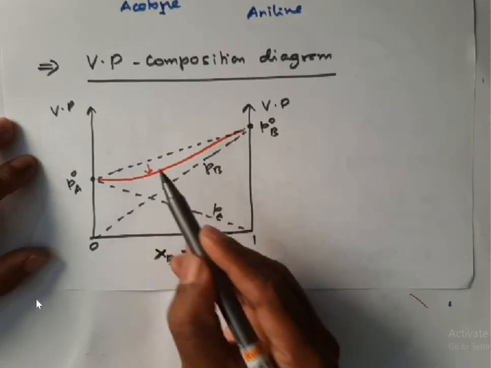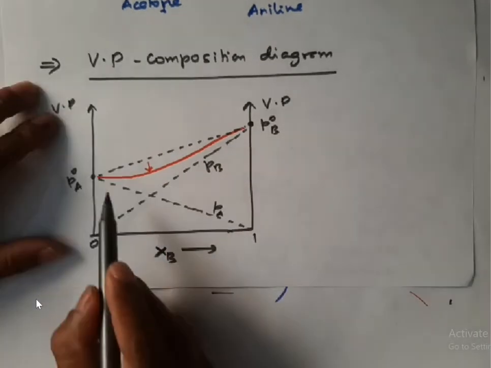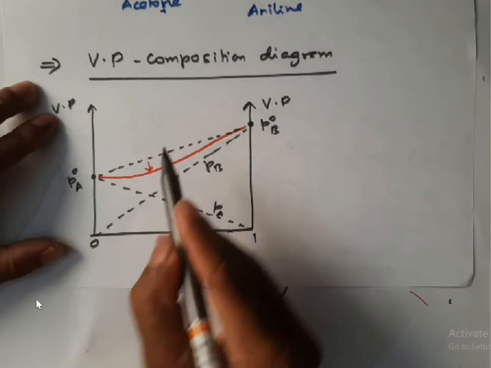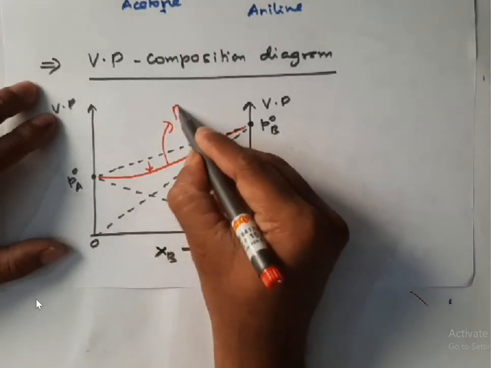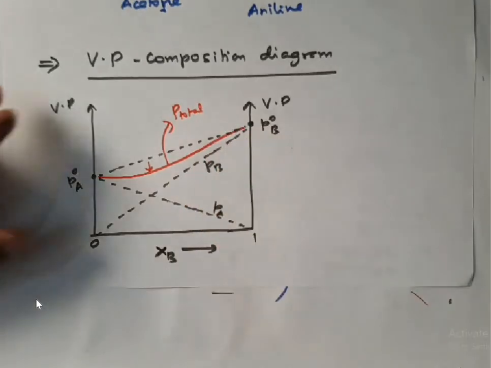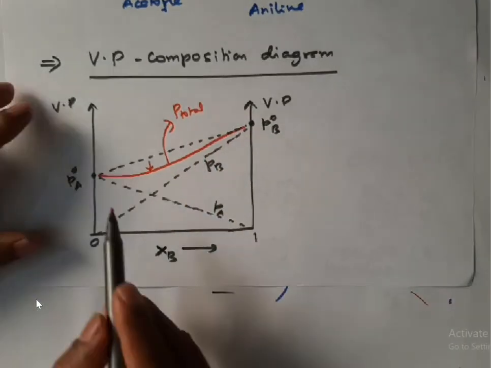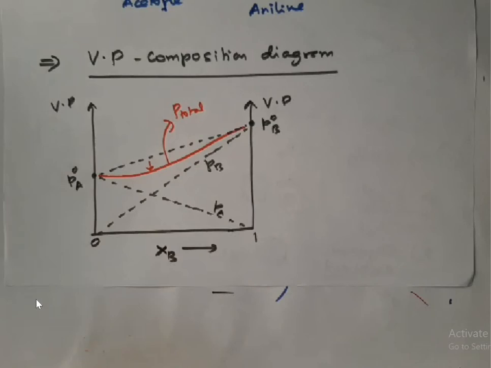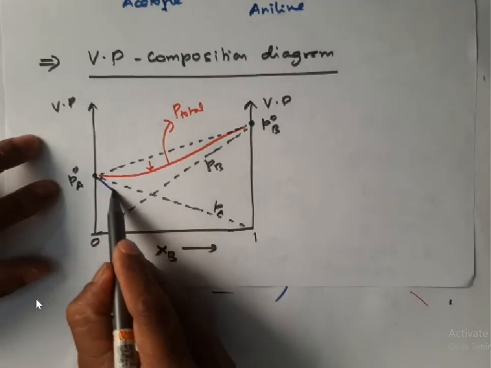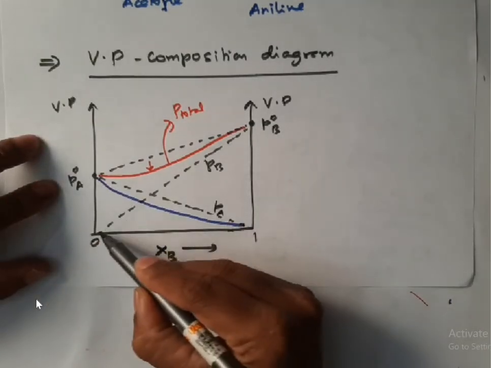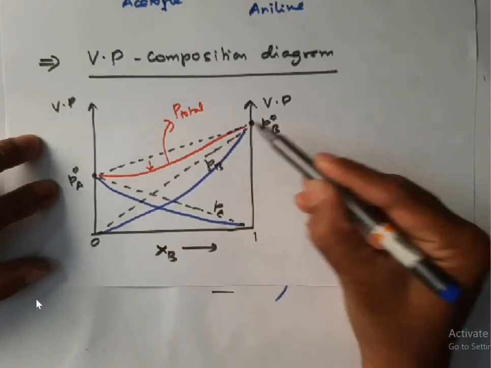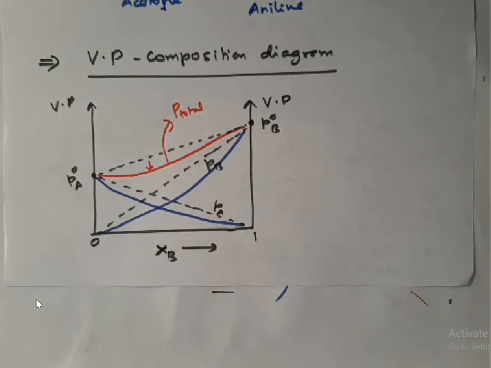You'll get a negative deviation. See, it goes below. Similarly, this line is for the total vapor pressure. We have negative deviation here also, negative deviation here and negative deviation here. Alright, students, is it clear?